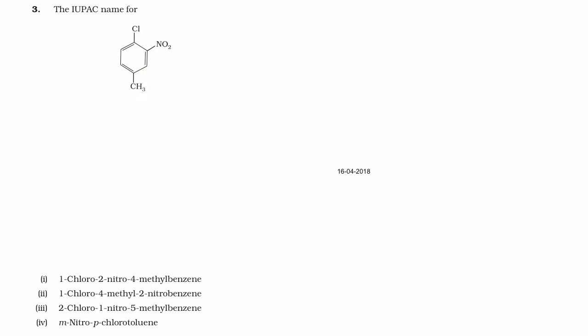The IUPAC name for the compound. Now this molecule is having Cl group, methyl, Cl, NO2 and methyl. Out of chloro, nitro and methyl, they all are prefix class groups, so numbering should start from chloro according to the lowest set of locants rule. So chloro is present at the first carbon, so 1-chloro.